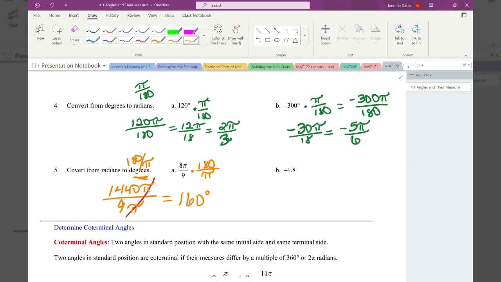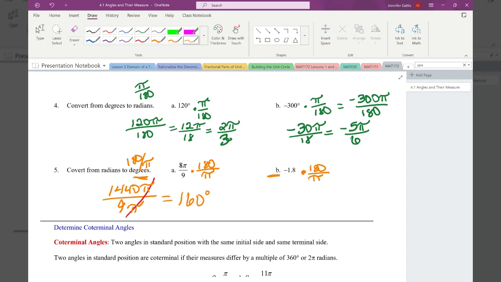So now take a moment and let me know what you come up with for negative 1.8 radians converted to degrees. All right, so again, we're going to multiply by 180 over pi. In this case, because we don't have a pi in the numerator, we really don't have anything to cancel. We're not going to cancel out pi's.